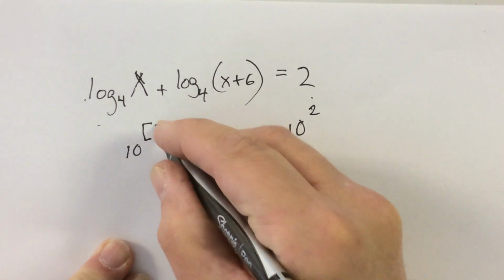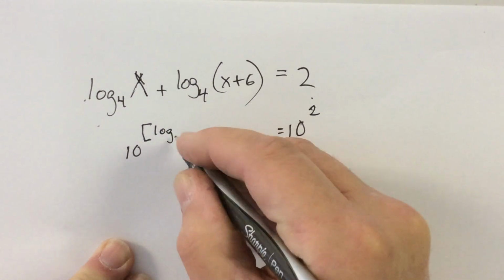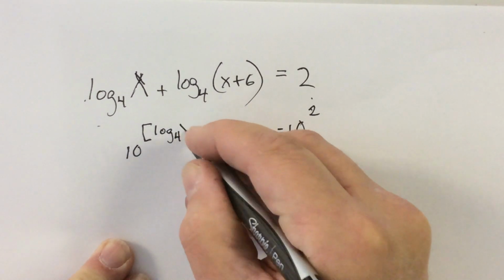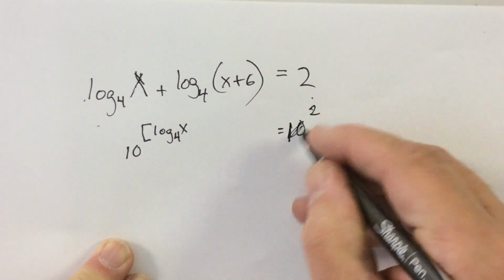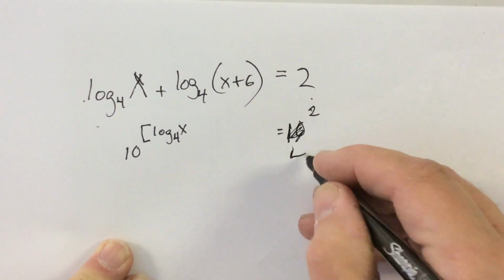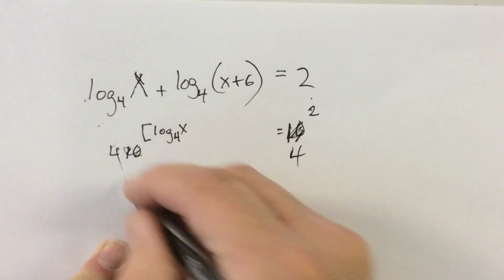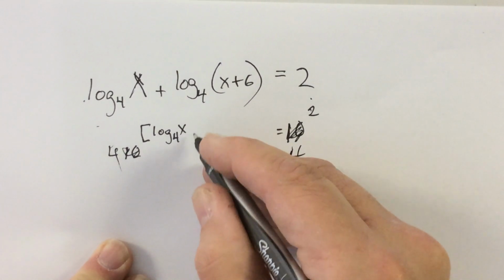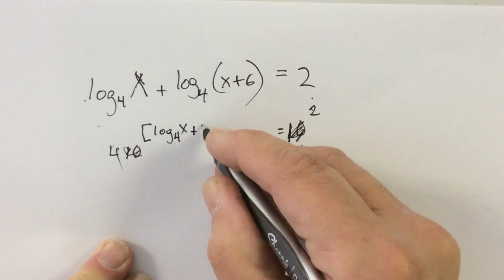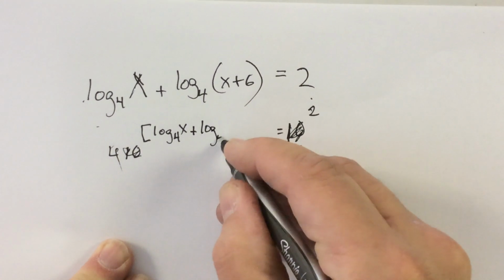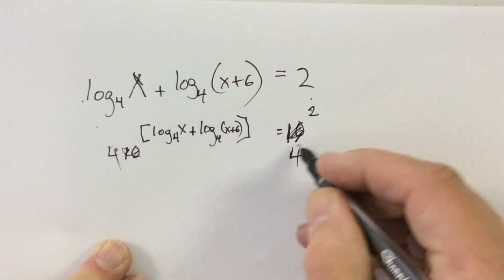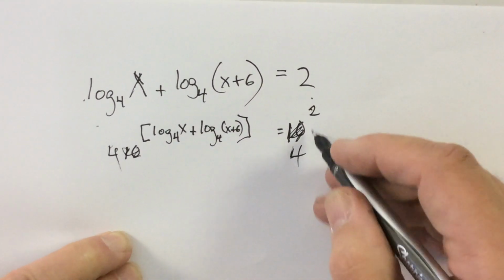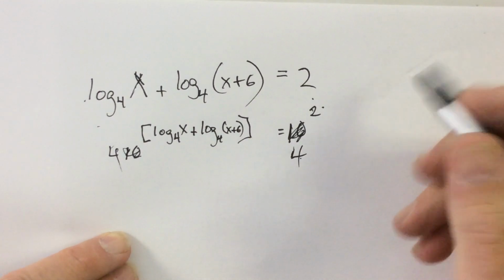Let's raise 10 to the power of log base 4 of x, or actually even better, let's use 4, since that's what we're doing. Raise 4 to the power of log 4 x plus log 4 x plus 6, and that's going to be equal to 4 to the second.